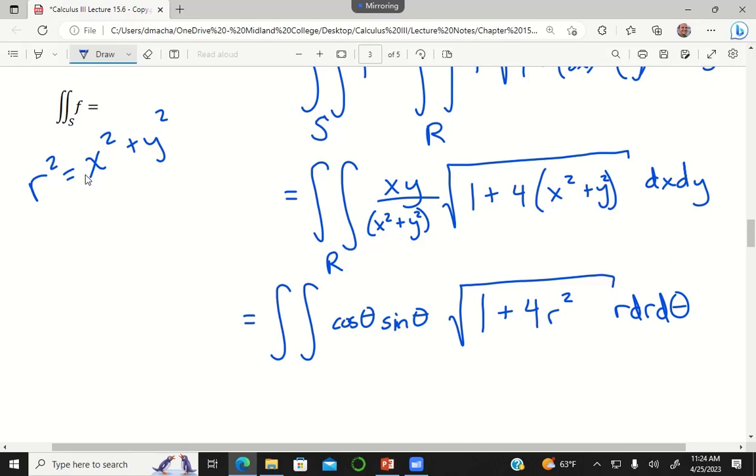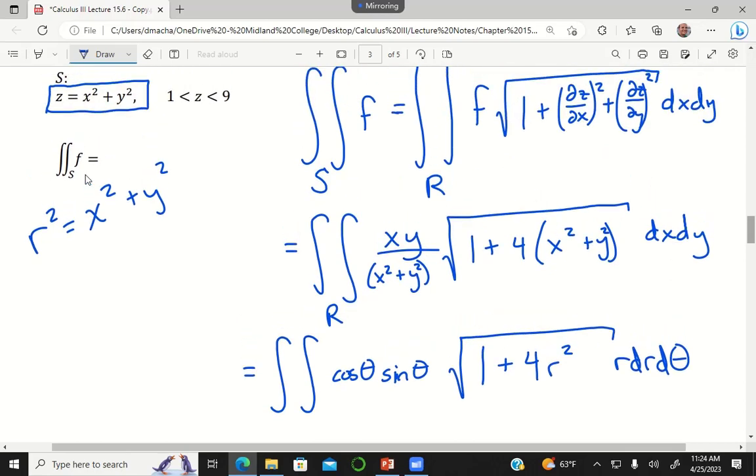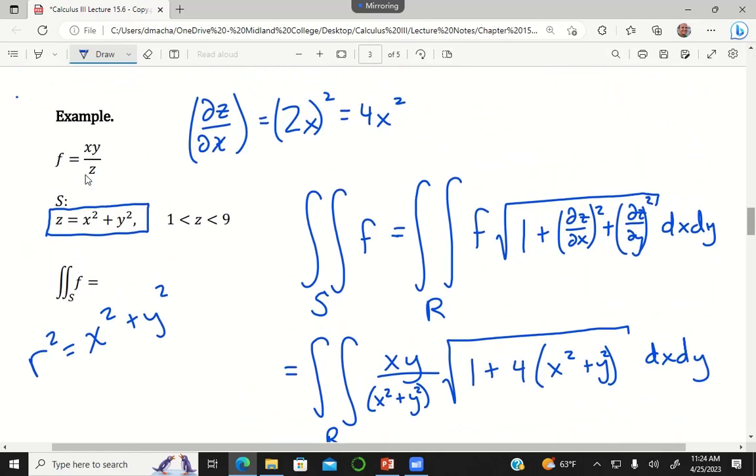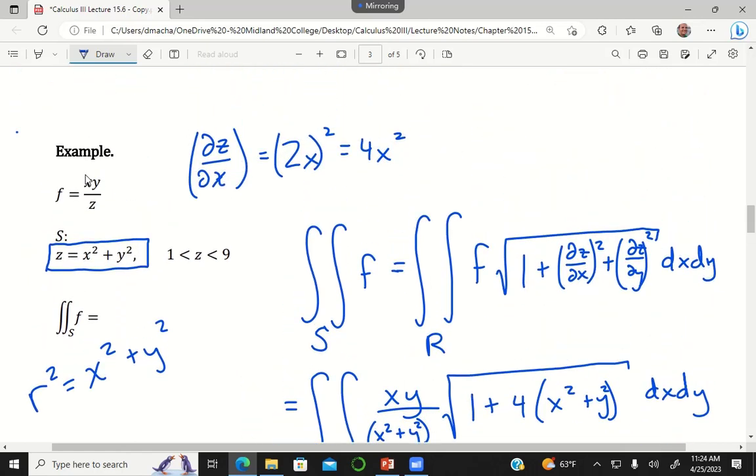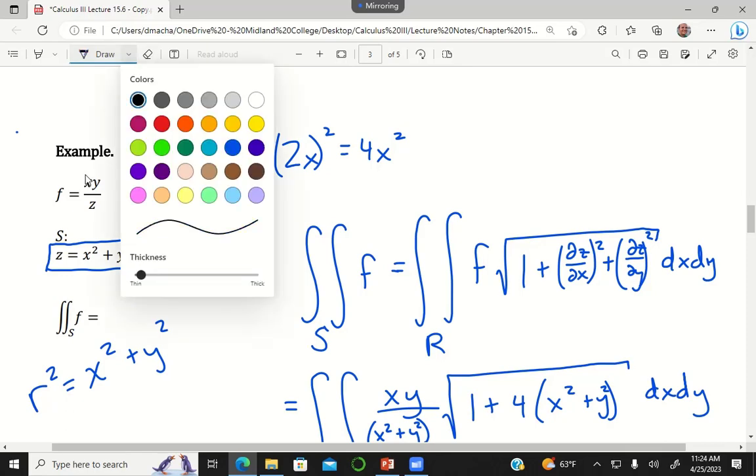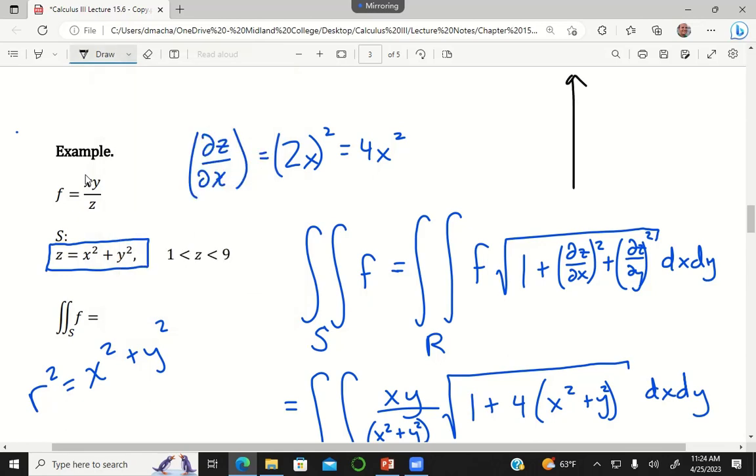Right now, I'm going to start being careful about the bounds of my double integral. So what is the region that I'm integrating over in the xy plane? A circle with a hole in it. Exactly. Very good. So my surface is the paraboloid z equals x squared plus y squared, but I'm only okay with z values that are between 1 and 9.